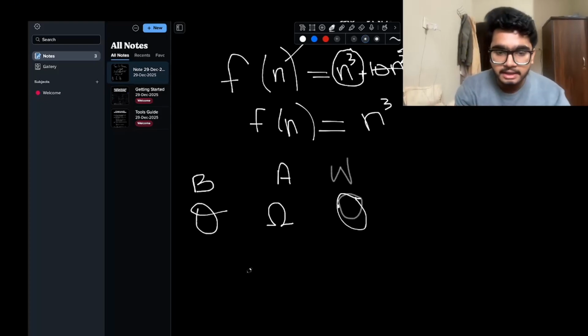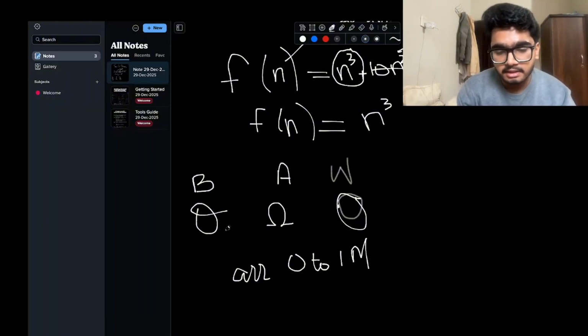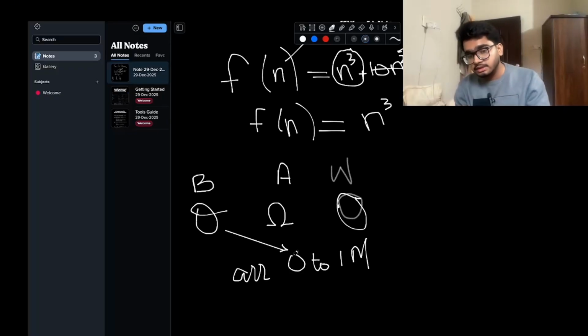As you know, array indexes are measured from 0 to 1 million. What can be the best case? The number we are trying to find is the first one, at the zeroth index.